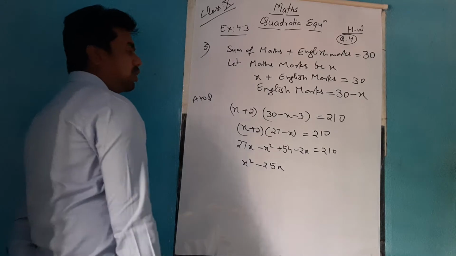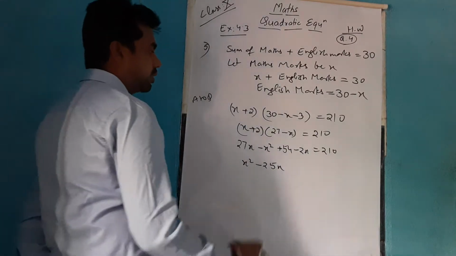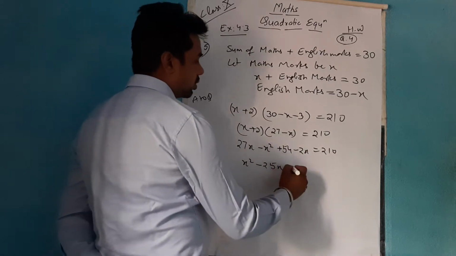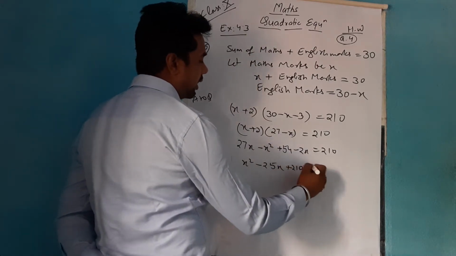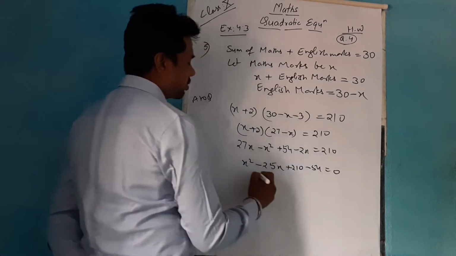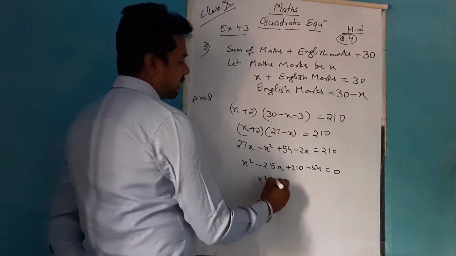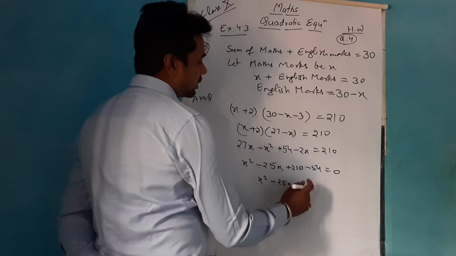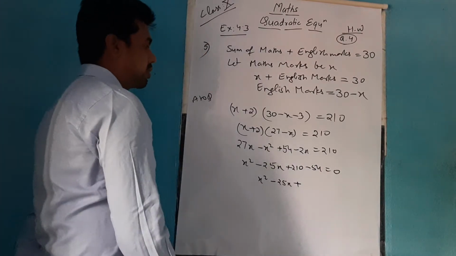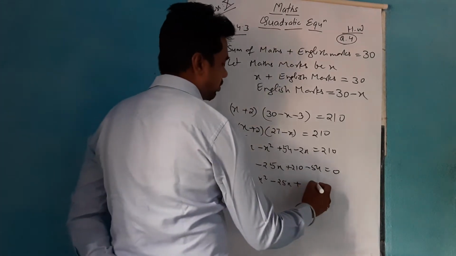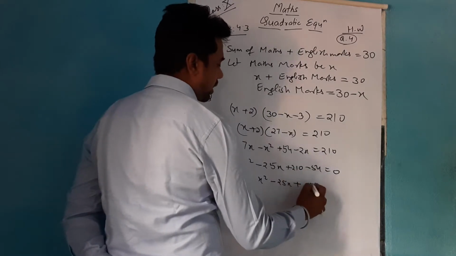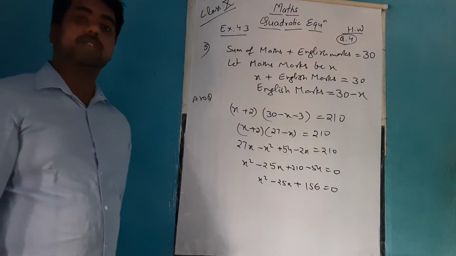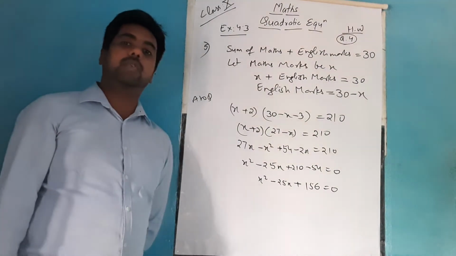Plus 54 goes to that side and becomes minus 54. So this becomes plus 210 minus 54 equals 0. So this becomes x square minus 25x plus 156 equals 0. So this will be your required quadratic equation.